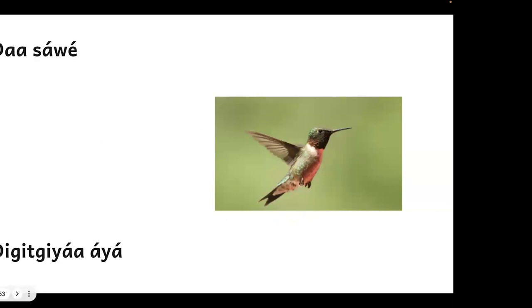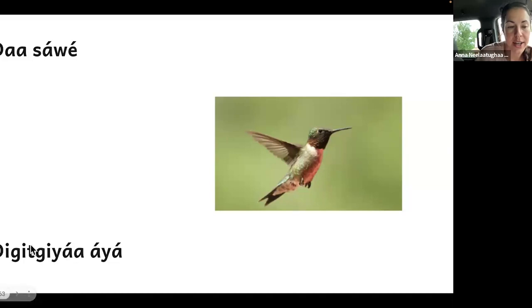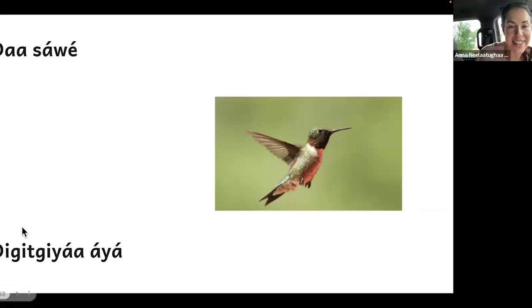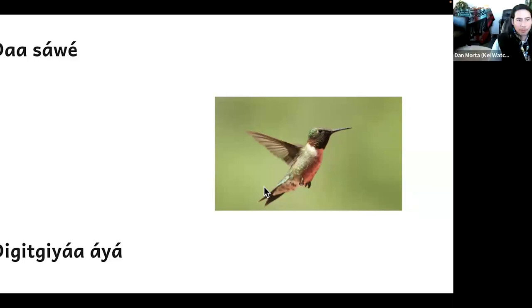Right. So say I'm in the away section. Yeah, this is a good question. If I'm asking dasawa and you're answering digitgiya aya, where is the digitgiya? Is it closer to me or you? Closer to me.